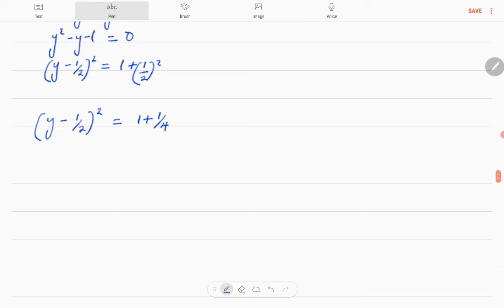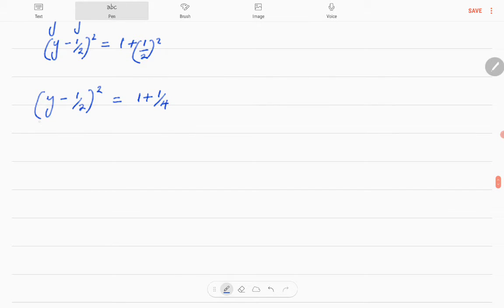So, I'll get y minus half, enclosed in brackets squared, is equals to, when I add 1 to a quarter, 5 divided by 4.